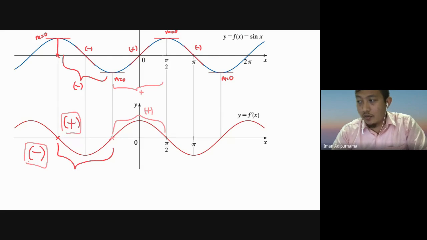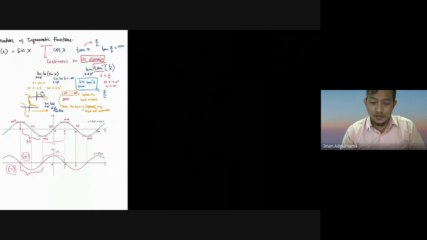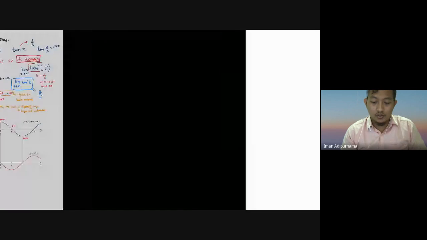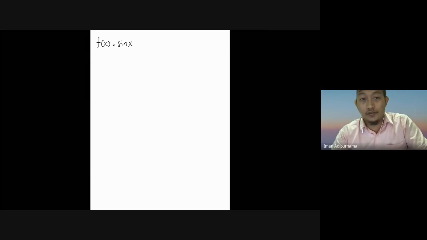And from there, we can have some conclusions, or maybe before we go to conclusions, we can make some proof with the definition of the derivative, using sine x.